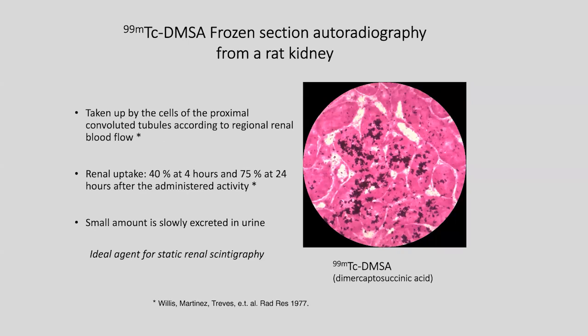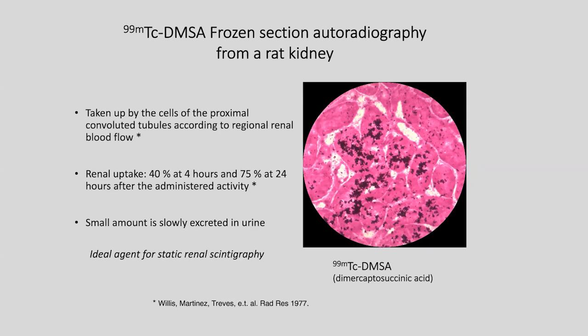DMSA is taken up by the proximal convoluted tubules according to renal blood flow, and we have demonstrated this using intra-arterial microspheres. The renal uptake of DMSA is about 40% of the administered activity at 4 hours, and it continues to go up to about 75% at 24 hours.